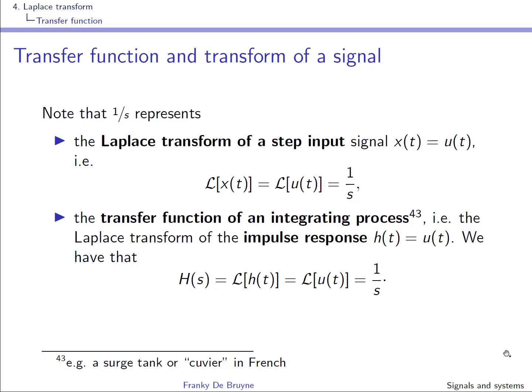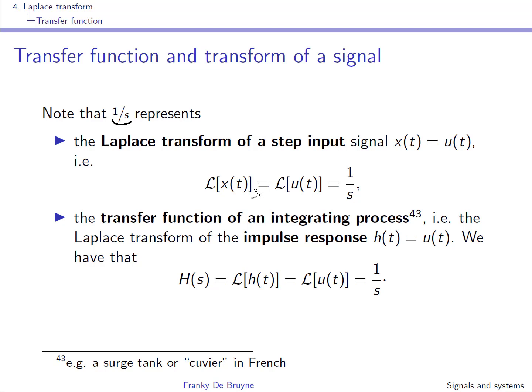So now that we've talked about the transfer function, we can look at the difference between a transfer function and the transform of a signal. If we take, for instance, 1 over s, well, 1 over s can be the Laplace transform of a step input.